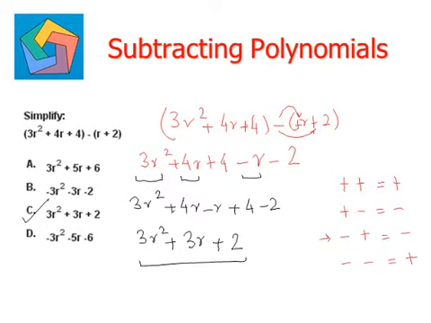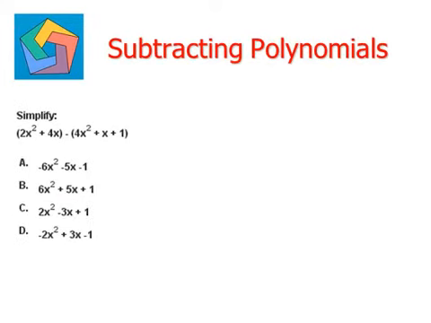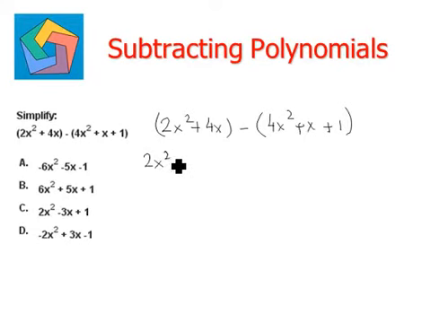To make it clearer, let's try another example. We are given 2x squared plus 4x in one parenthesis minus 4x squared plus x plus 1. Now we first open up the second parenthesis, which has a negative sign outside.